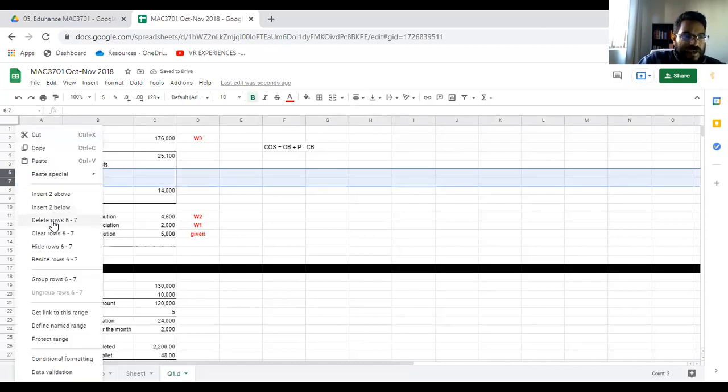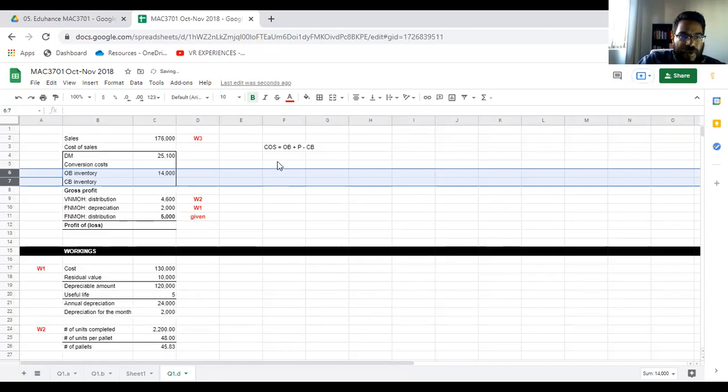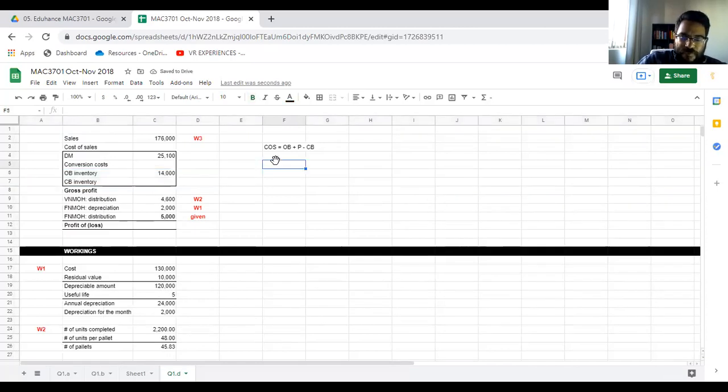So just as a side for yourself, just know the following: prime costs equal direct material plus direct labor. Conversion costs equal direct labor plus manufacturing overheads.